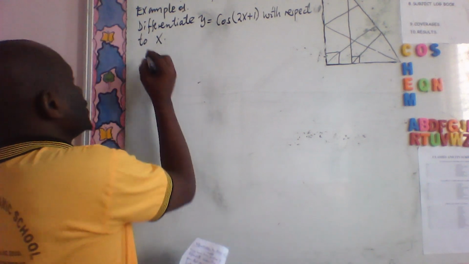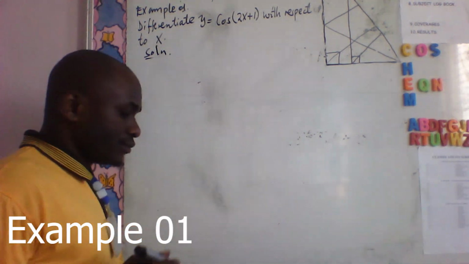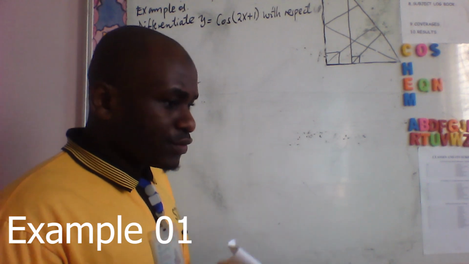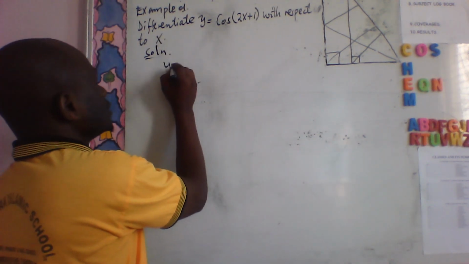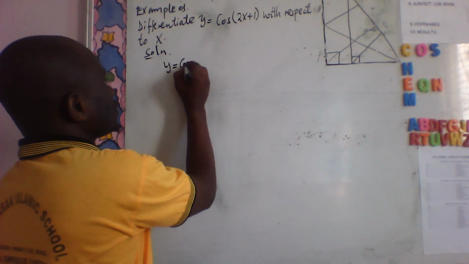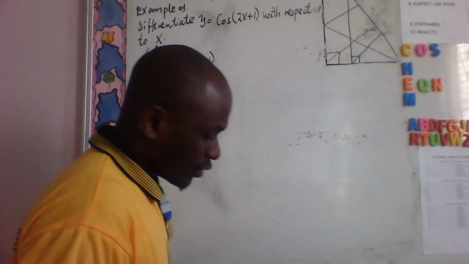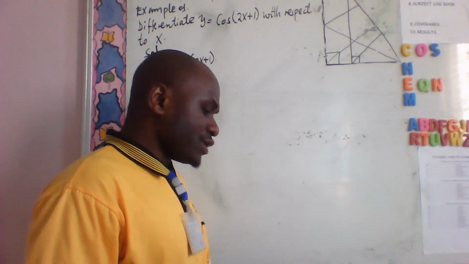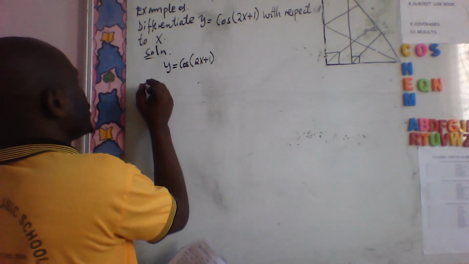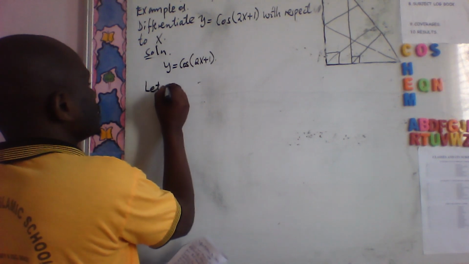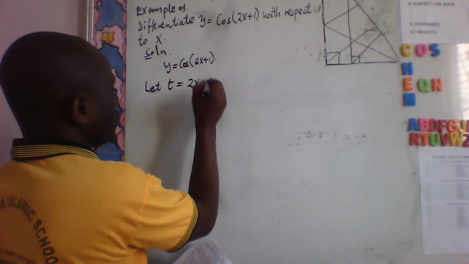Solution. Here we are supposed to know our function. Our function is y is equal to cos bracket 2x plus 1. Since this is our function, we let t is equal to 2x plus 1.